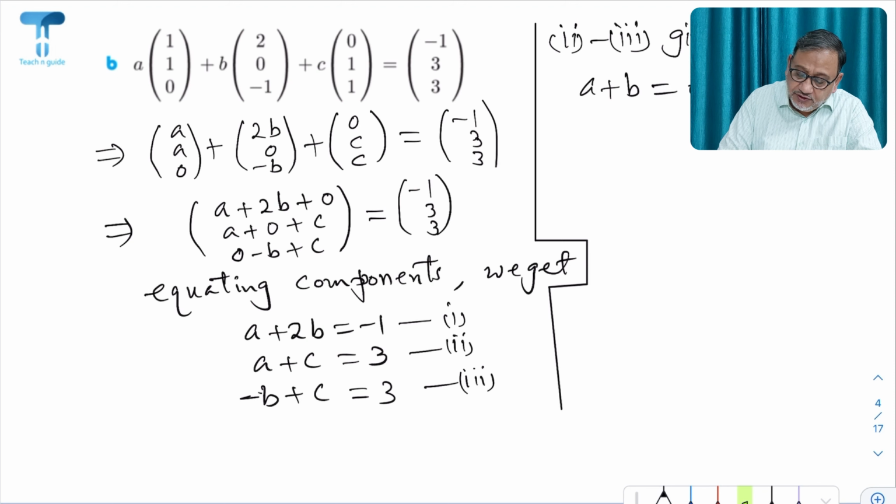I will write the first with it because it is also in terms of A and B. Now, when I subtract, A and A will cancel. Here will be minus B and here will be plus 1. This will cancel. Here I am going to get minus B is equal to 1.